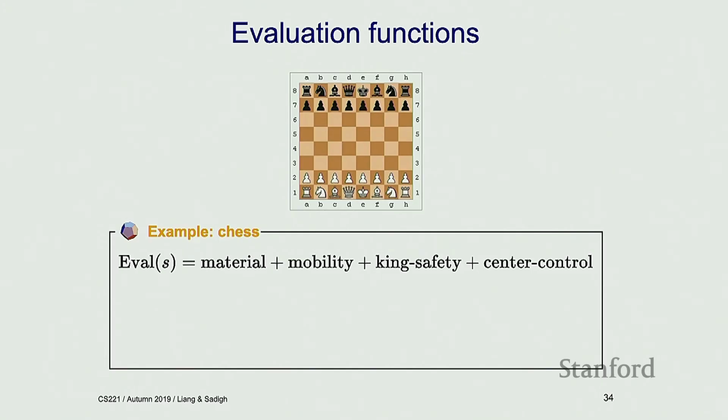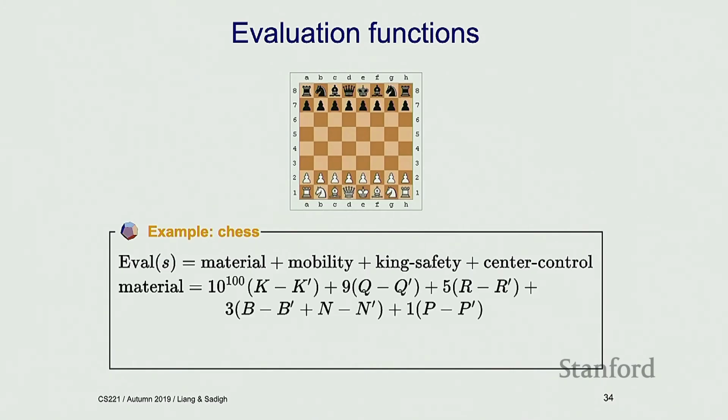An evaluation function does the same thing. It tries to figure out what we should care about in a specific game, in this case chess, and then gives values to them. It might be things like the number of pieces we have, or mobility of those pieces, or if our king is safe, or if we have central control or not. For the pieces, we can look at the difference between the number of pieces we have and what our opponent has.